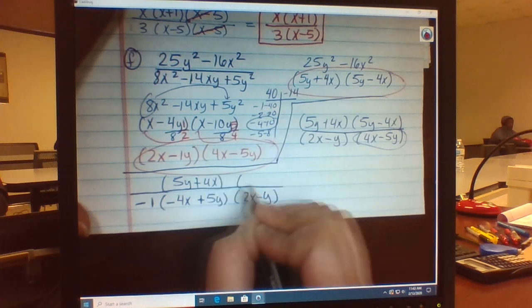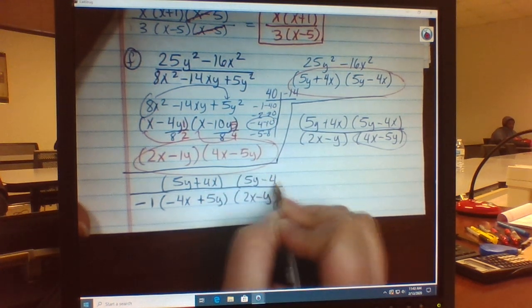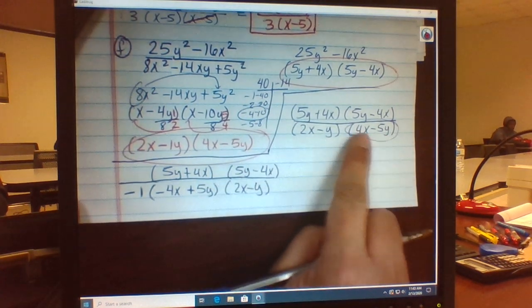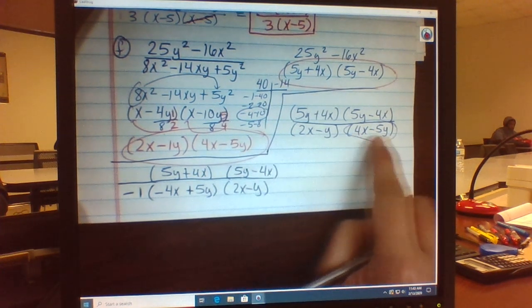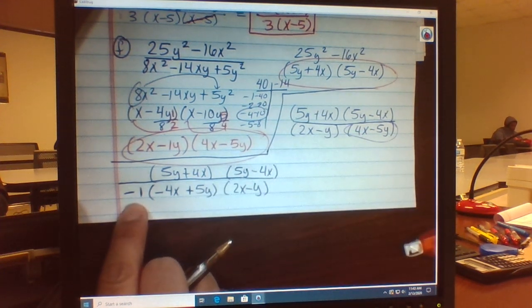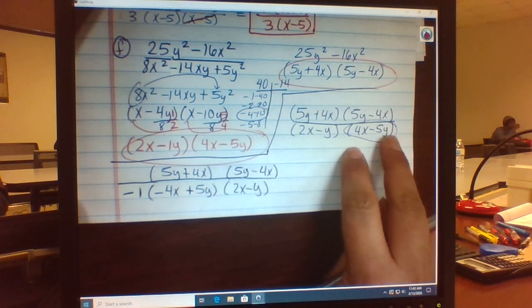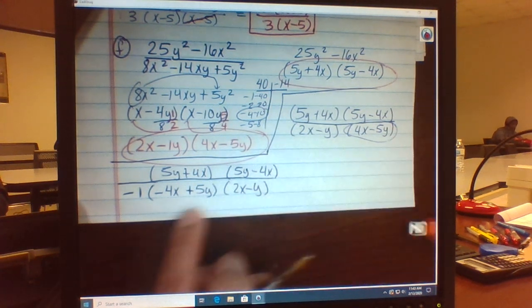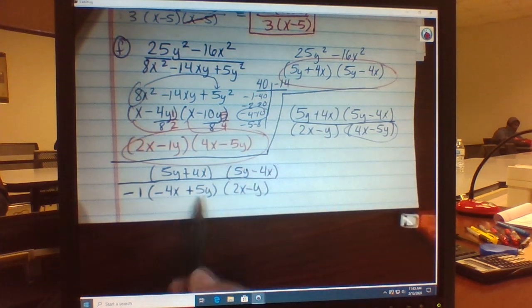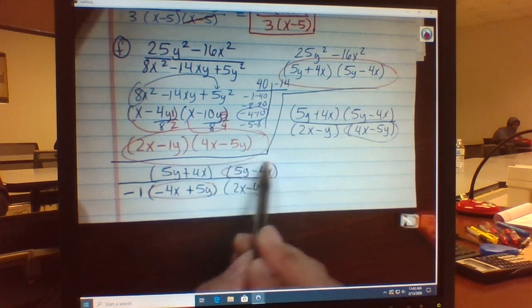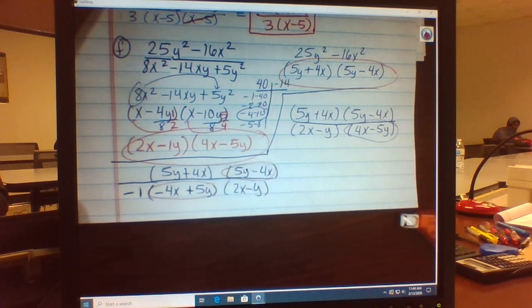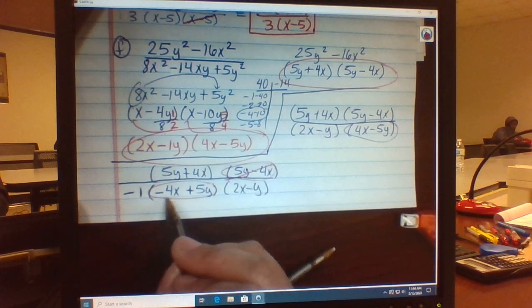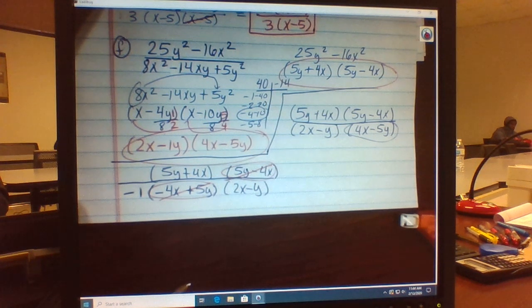Everything else stays the same. Once again, let me say this again. If I divide this by a negative 1, which is factoring out a negative 1, my signs change. And now I can look at this and say, hey, you could cancel those because you have a positive 5y and a negative 4x. So those go goodbye.